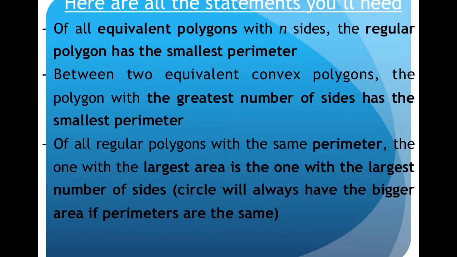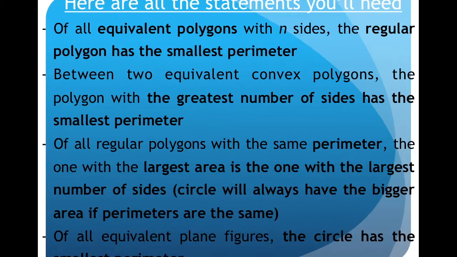So we saw that the hexagon had a bigger area than the square, but we also saw that the circle will always have the bigger area if the perimeter is the same. Of all equivalent plane figures, the circle has the smallest perimeter. So of all equivalent, meaning same area, the circle will have the smallest perimeter.